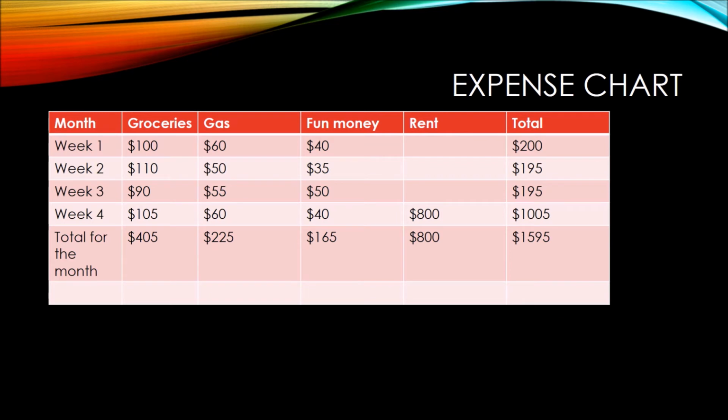Just like your income chart, your expense chart will be on a monthly and weekly basis, with your subcategories in each account. You will be able to record week 1, week 2, week 3, and week 4, and each week you will have each category present and how much you spent in each category. And then at the end it will show you how much you spent for that week, and at the bottom it should show you how much you spent for the month in each category.